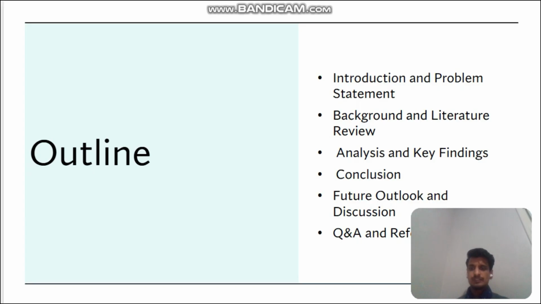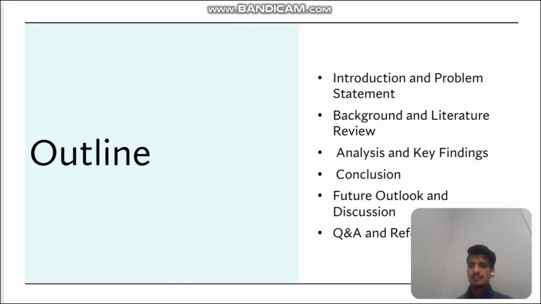Analysis and key findings. In analysis and key findings, we are gonna see how AI helps in different research areas, different research patterns, and different research steps. And then we are gonna see the conclusion. In conclusion, we are gonna see what we learned in this presentation and in this topic related to scientific research techniques.